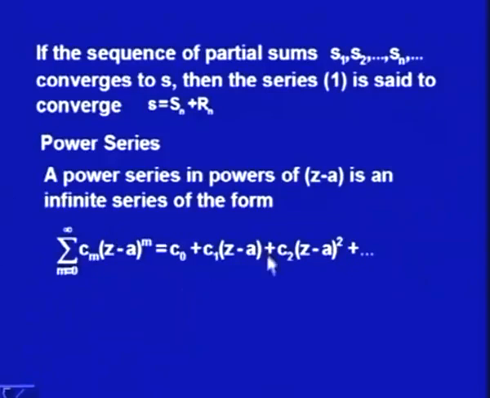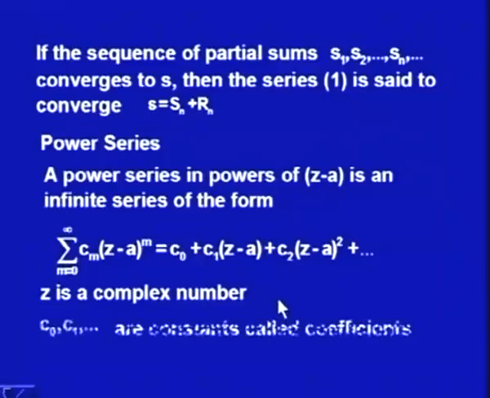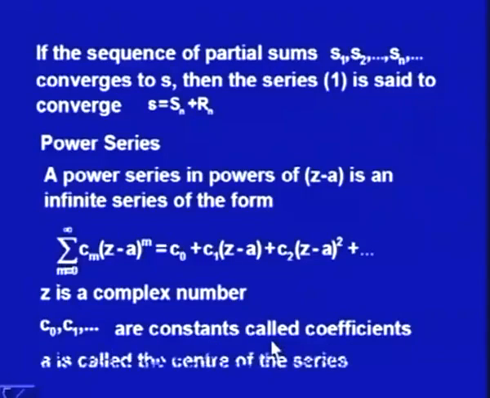We call it a power series because each term is some power of z minus a. In this case z is a complex number, C naught, C1 etc. are constants called coefficients of the power series, and a is called the center of the series. When a is equal to 0, then this series will be a power series in powers of z only.